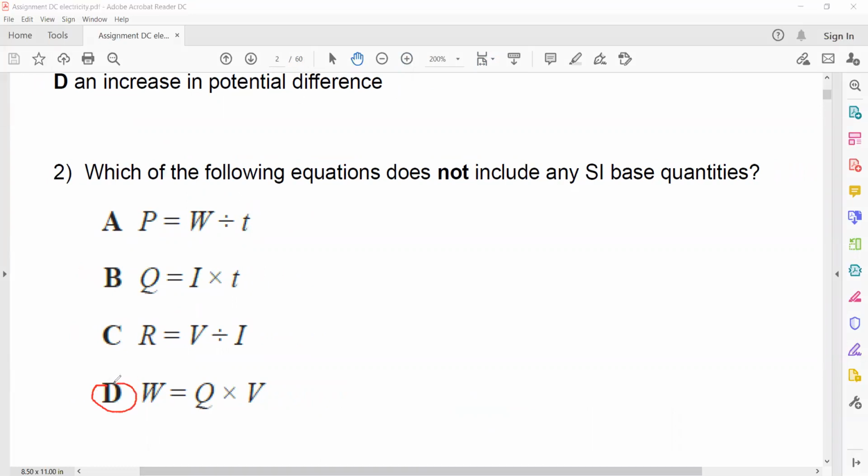Here D is the right answer because here time is an SI base quantity and current is an SI base quantity. But work done, charge and voltage are not SI base quantities. These are derived quantities. That's why D is the right option.